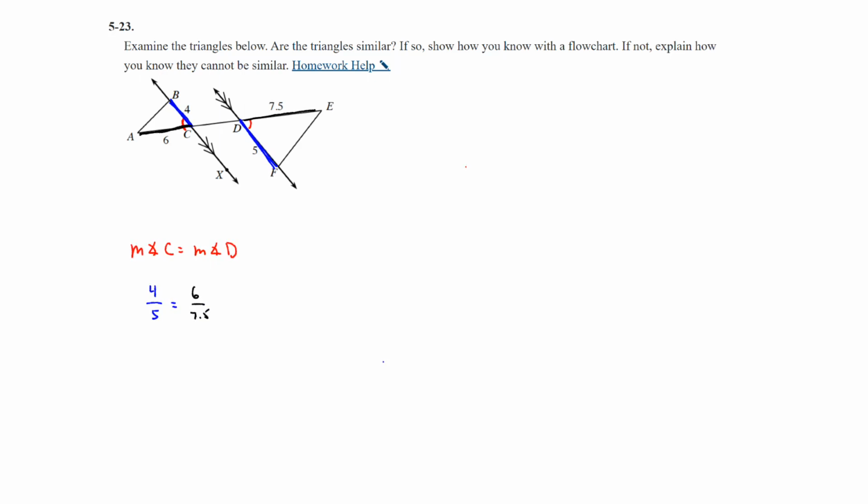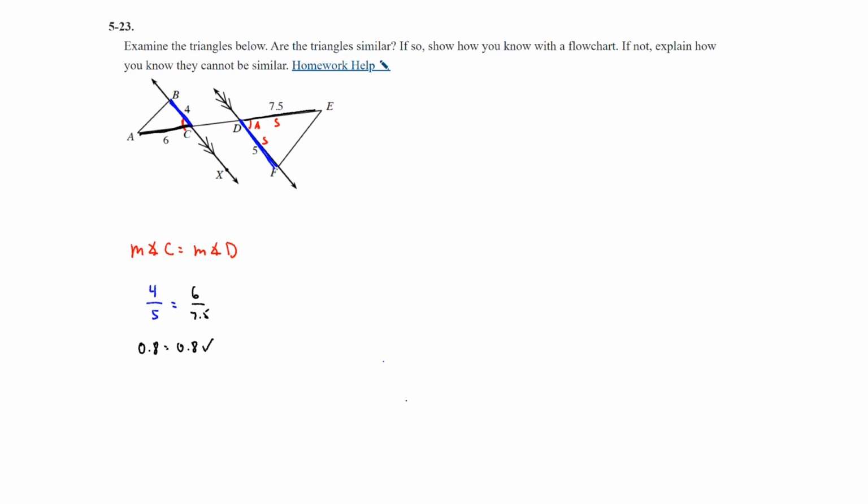So are those equal to each other? Well, 4 over 5 would be 0.8. And so what's 6 divided by 7.5? That's also 0.8. So they do check out. Their corresponding sides are in proportion. And this does represent side angle side similarity. So it does work.